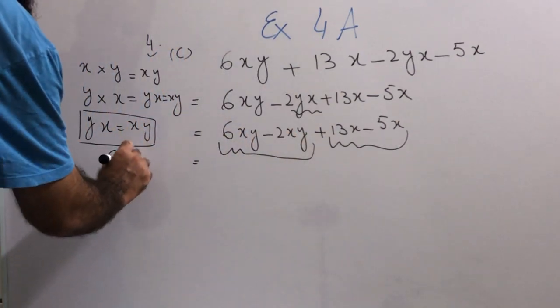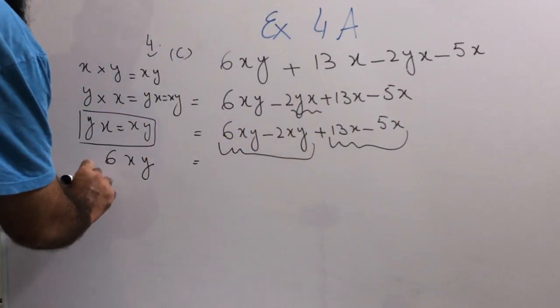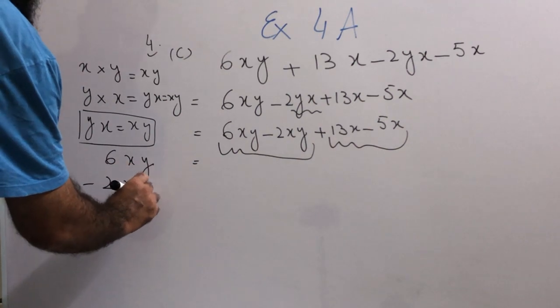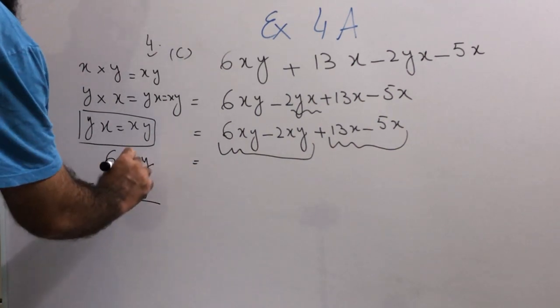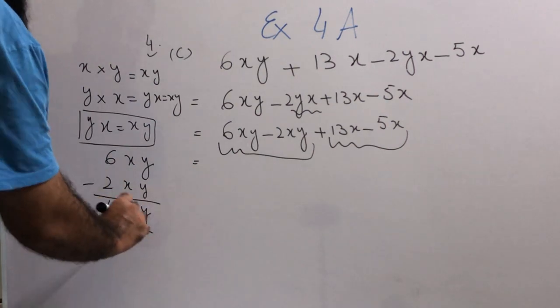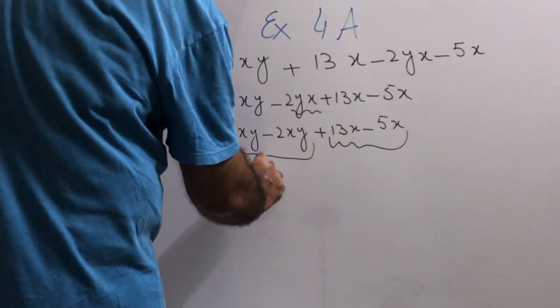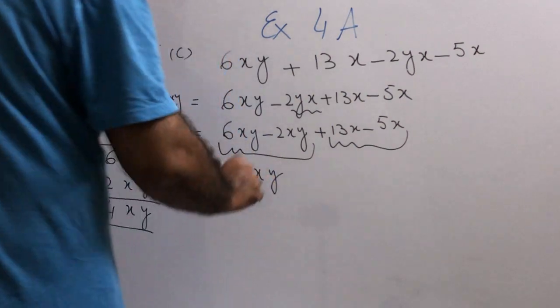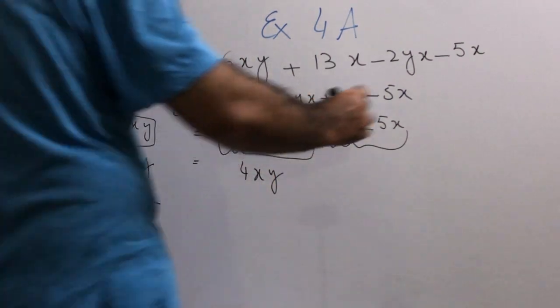When we subtract, xy will come one time. 6 minus 2 is 4. So its answer is 4xy. Here we have plus 13x.